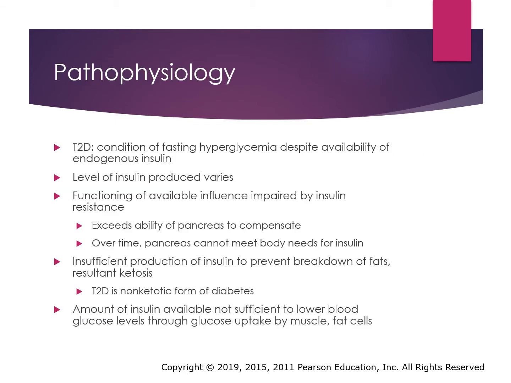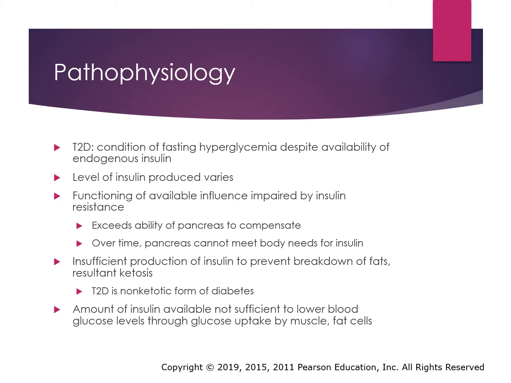So our pathophysiology is a condition of fasting hyperglycemia that occurs despite the availability of endogenous insulin. So that's insulin that is produced by the individual's own body. So again, we have insulin, we just can't use it. The level of insulin produced varies in type 2, and despite the availability, its functioning is impaired by insulin resistance.